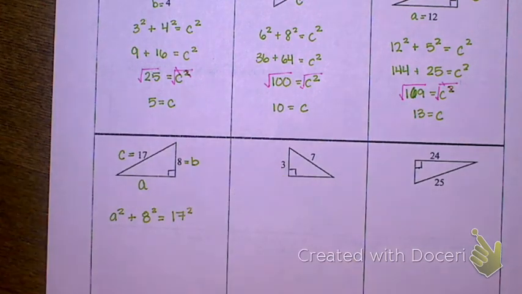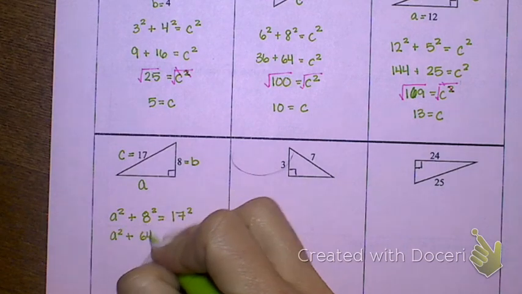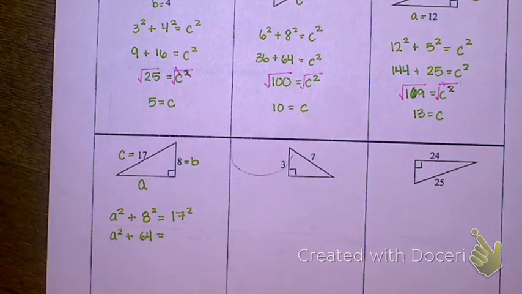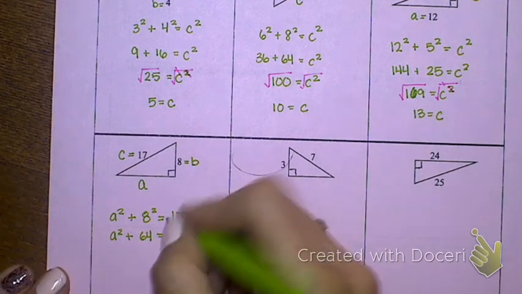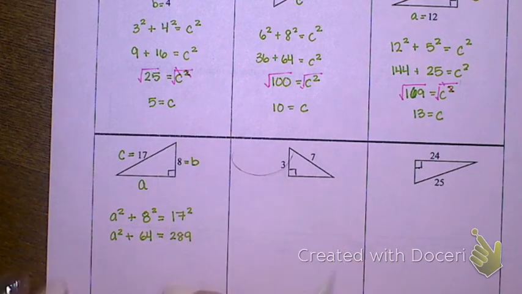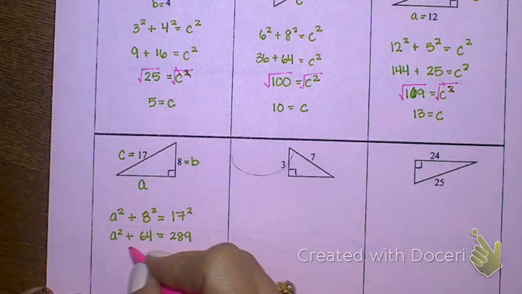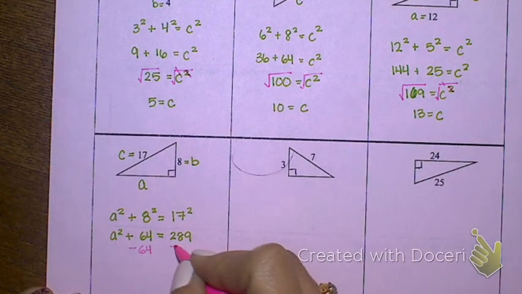Okay, now I'm going to work through solving this. So A squared plus 64 equals, what'd you guys get for that? 289. Okay, now ideally I want this not to be here because I want to take the square root of both sides, right? But right now that 64 is there, so I have to get rid of it first. So let's subtract it by doing the opposite operation to both sides of the equation.